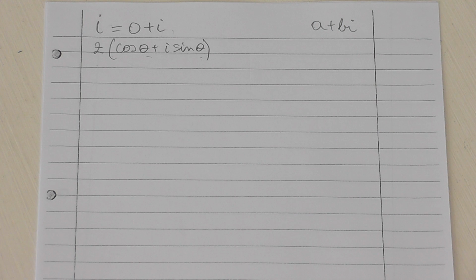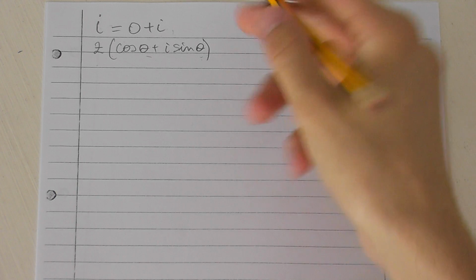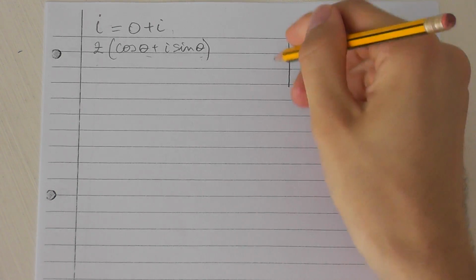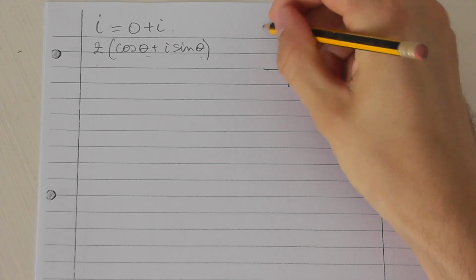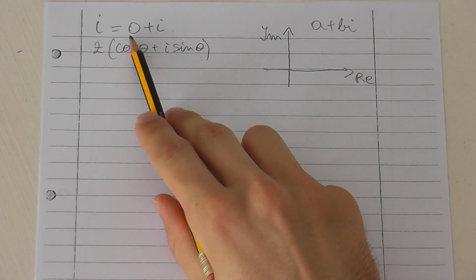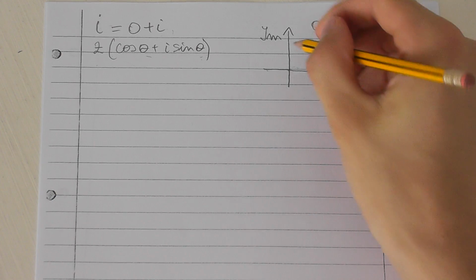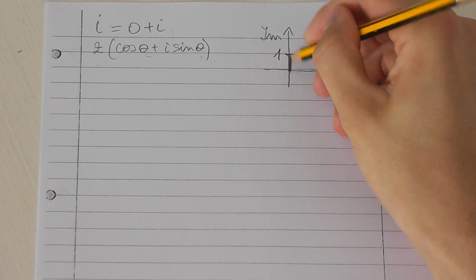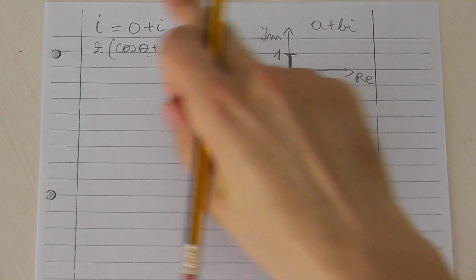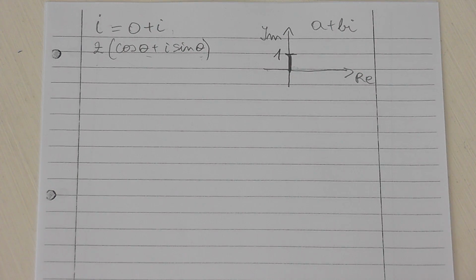Then, using De Moivre's Theorem, we're going to find the three cube roots. Now, when I draw my complex plane with the real and imaginary axes, the real part is 0, the imaginary part is 1. Let's say that this is 1. Then this here is the representation of this complex number in the complex plane.